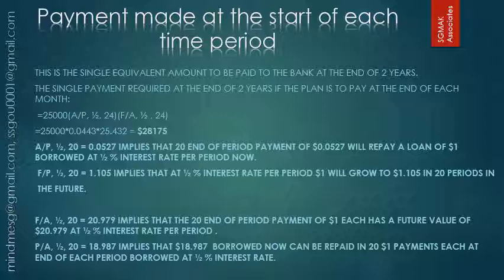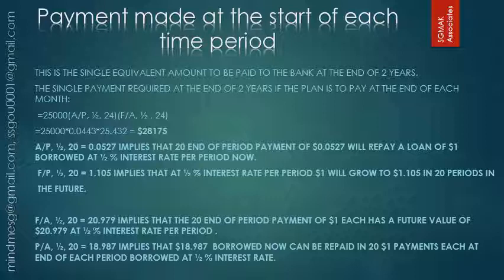So (F/A, 1/2%, 20) equals 20.979 implies that if you pay a dollar payment at the end of each period and you're earning 0.5% on the money that you've invested, you will have a future value of $20.979 at the end of 20 time periods. Moving on, (P/A, 1/2%, 20).